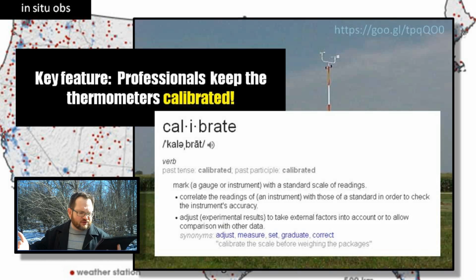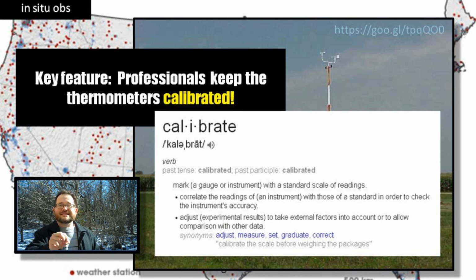It is to correlate the readings with those of a standard in order to check for the instrument's accuracy, to adjust, to take into account external factors in comparison with other data. They do things like make sure that the thermometer reads exactly 0 Celsius when the temperature is freezing. They have calibration that makes the instruments accurate to, I think their tolerance is 1/10 of a degree Celsius or something like that. Okay, it's somebody's job.